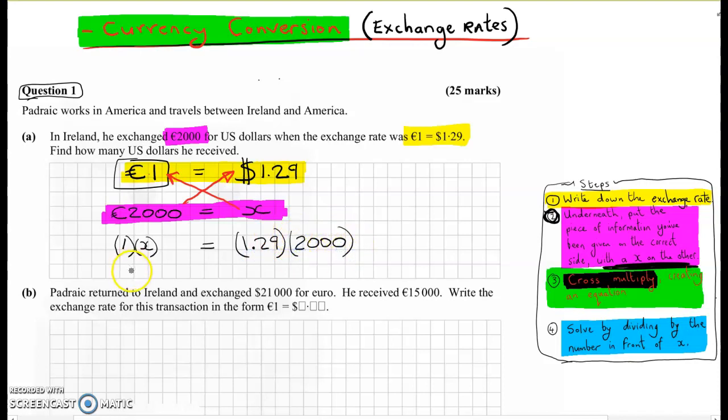Okay? That means 1x is equal to 2,290. And that's the answer. That's how many dollars he will get for his €2,000. It's not so bad, is it?